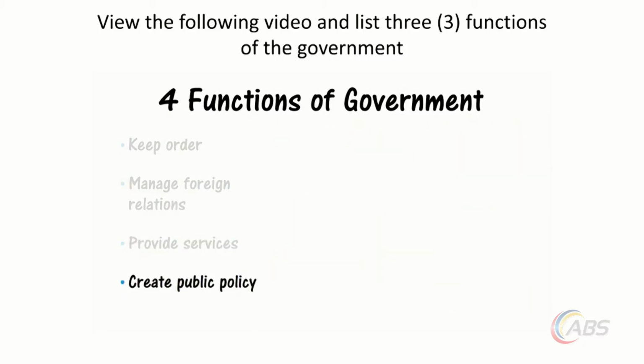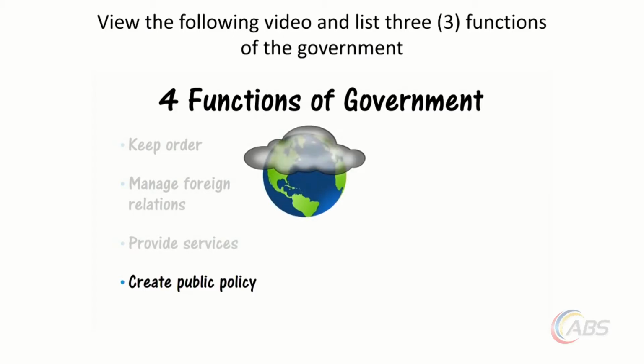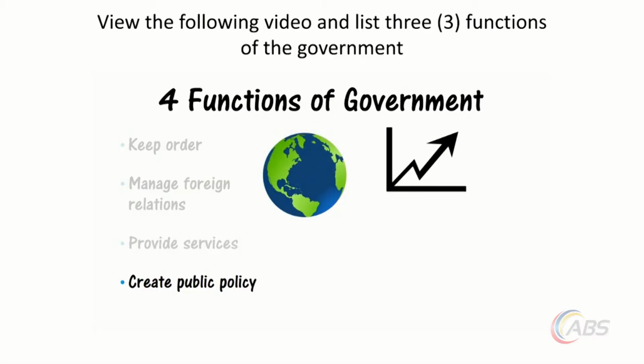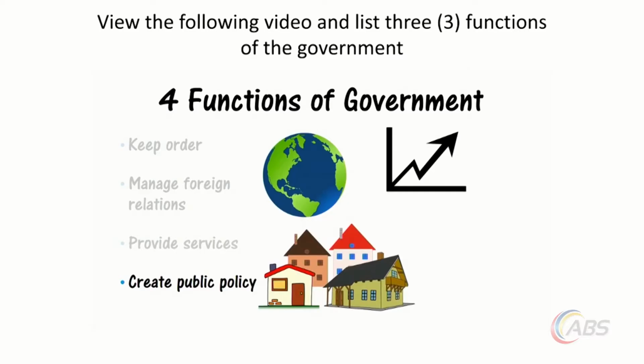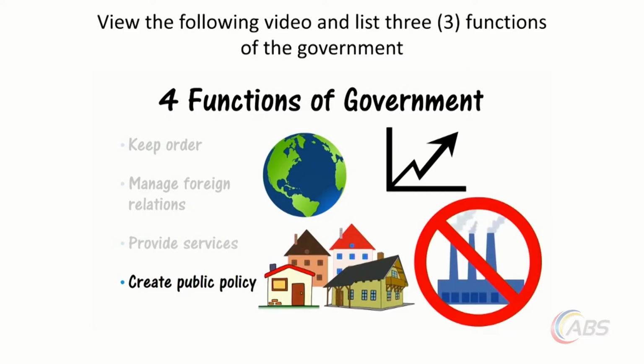Fourth, government creates public policies to avoid or manage problems. Examples of this function include environmental laws to protect resources and reduce pollution, economic policies to prevent a recession, and zoning regulations to prevent a factory from moving into a housing neighborhood. Essentially, government creates a direction for society to deal with the reality that there are many issues in which the actions of an individual can cause massive problems that are too large for others to overcome.